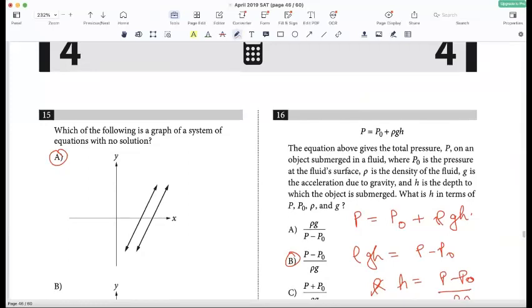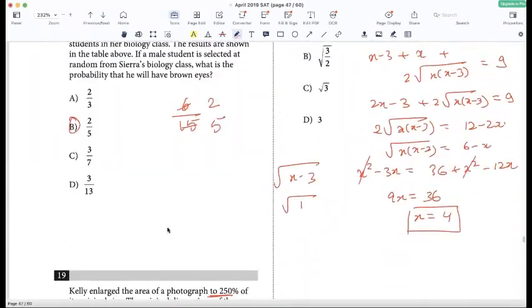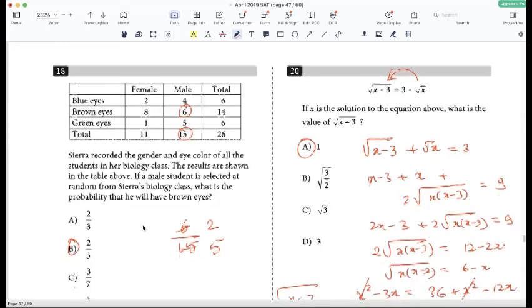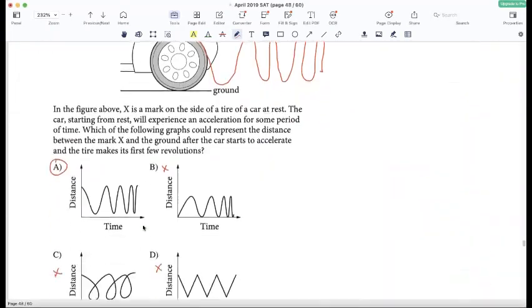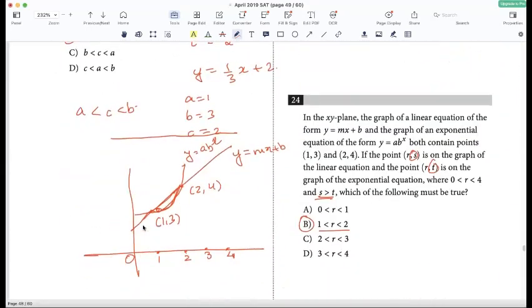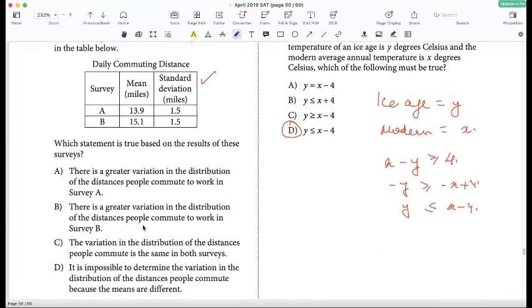16, BCBBA, 21, ABCBC. Oh, I didn't do, did I mark it?